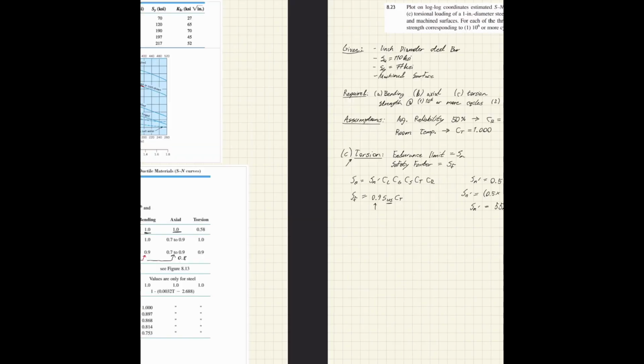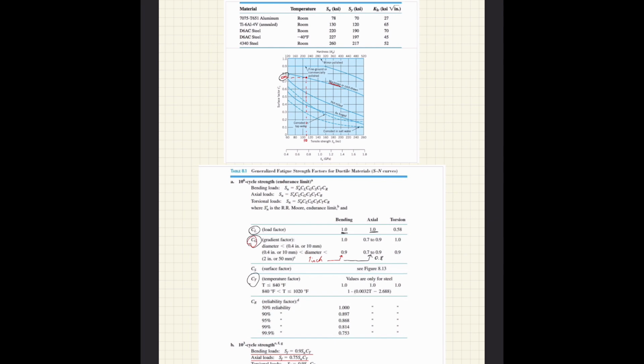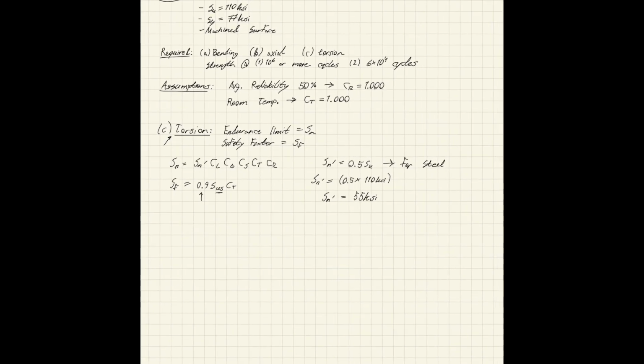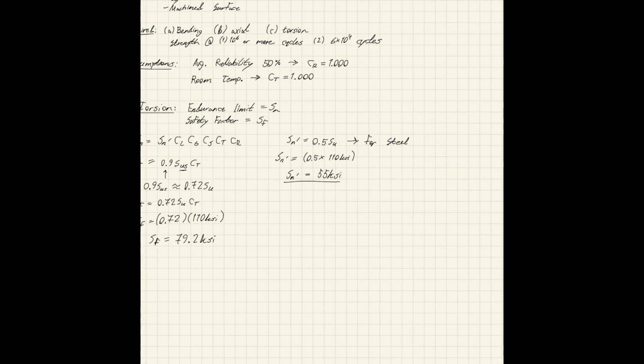Now let's solve for torsional loading. In torsional loading, we have SF equal to 0.9 SUS CT. So we can deduce that S10 to the 3 is equal to 0.9 SUS, which is roughly equal to 0.72 SU. Therefore, SF is equal to 0.72 SU CT, which gives us a value of SF equal to 79.2 KSI.